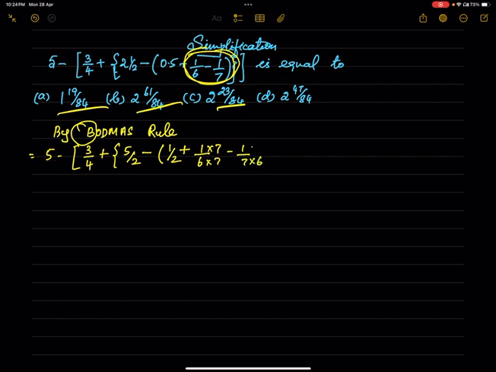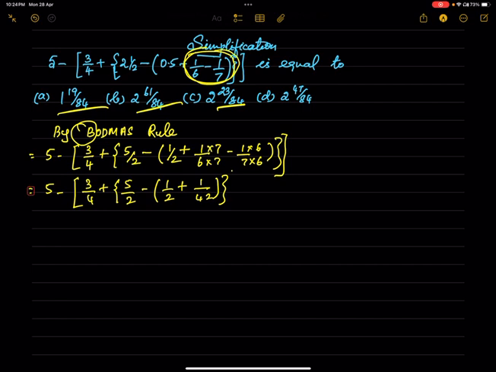Then on this side, multiply numerator and denominator by 6. Now, what is the next step? I'm writing 5 minus 3 over 4 plus 5 over 2 minus 1 over 2 plus 7 minus 6 is 1, so 1 over 42.